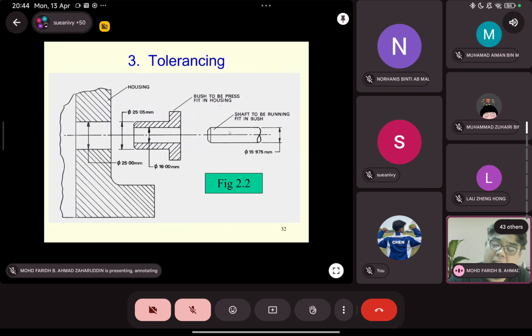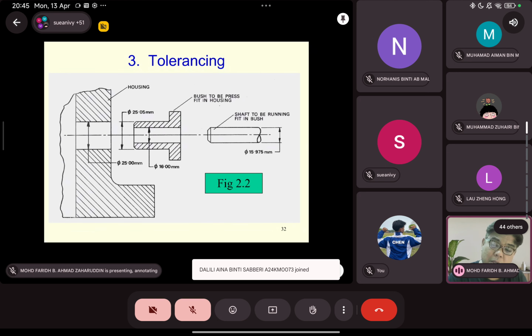Alright, now, this is a bush and this is a shaft. So starting from now, we are not talking about bush or housing, but about holes and shafts. These examples are good. This housing is like a wheel hub. If you have a motorcycle with sport rims, in the middle of the tire and wheel, with the spokes, is the wheel hub.